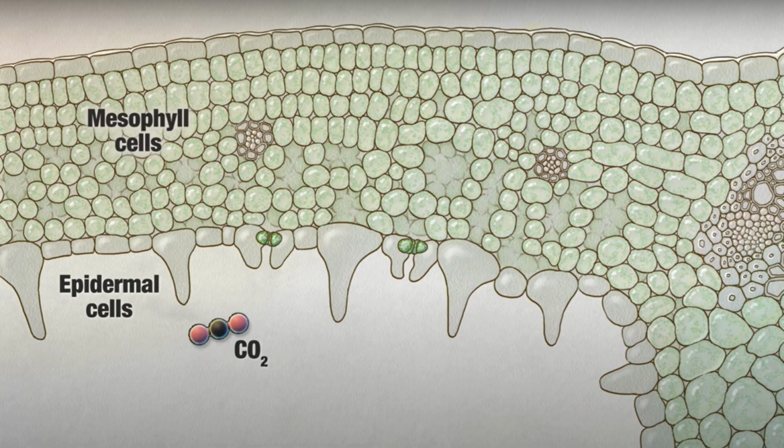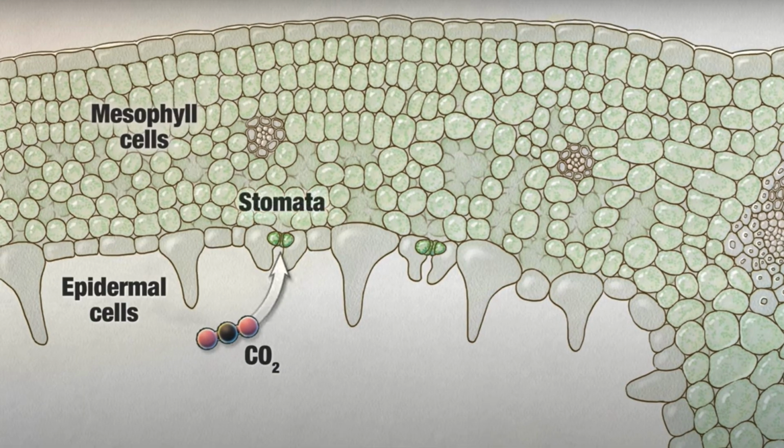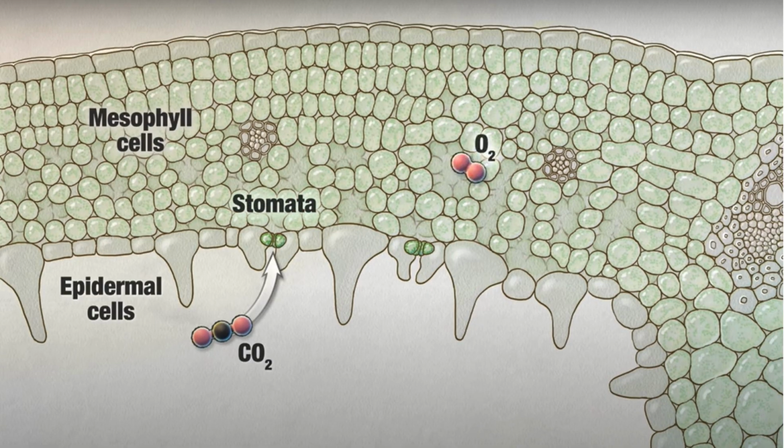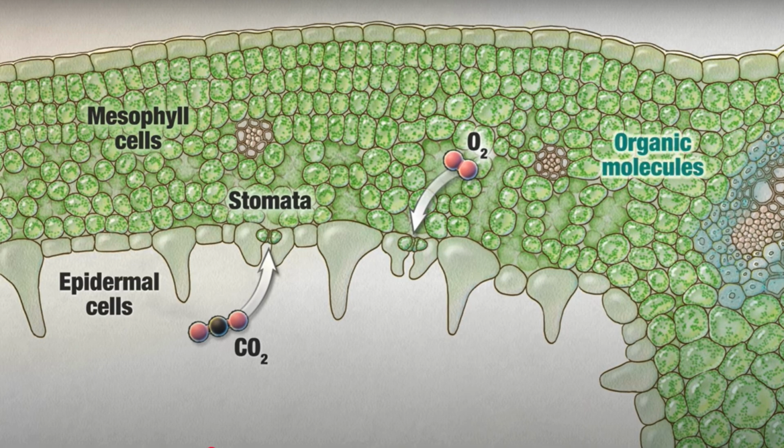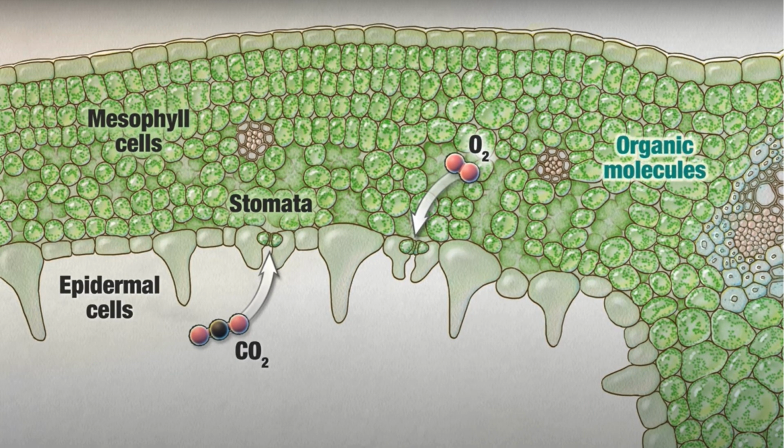Carbon dioxide from the air enters the leaf through small pores called stomata on the outer cell layer. Oxygen formed during photosynthesis also exits the plant through the stomata. The plant transports organic molecules produced in its leaf cells to other cells via the plumbing system found in vascular bundles, which are xylem and phloem.